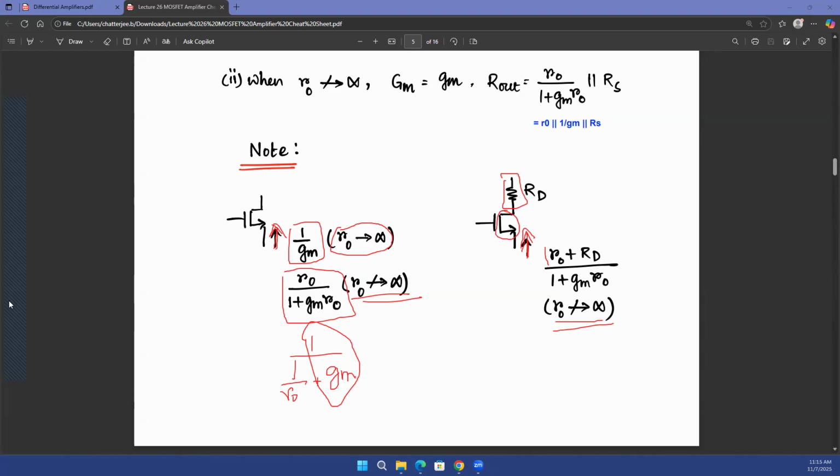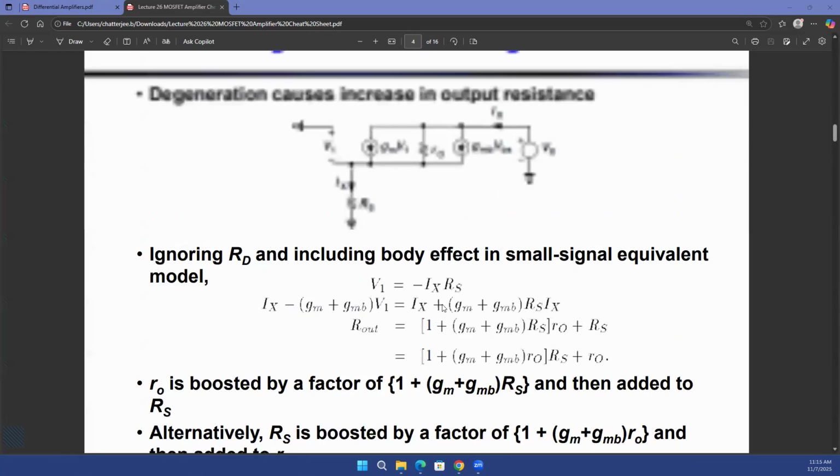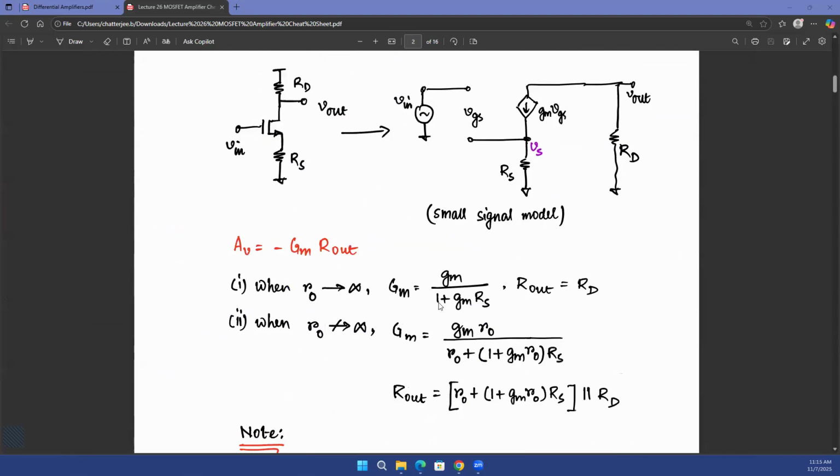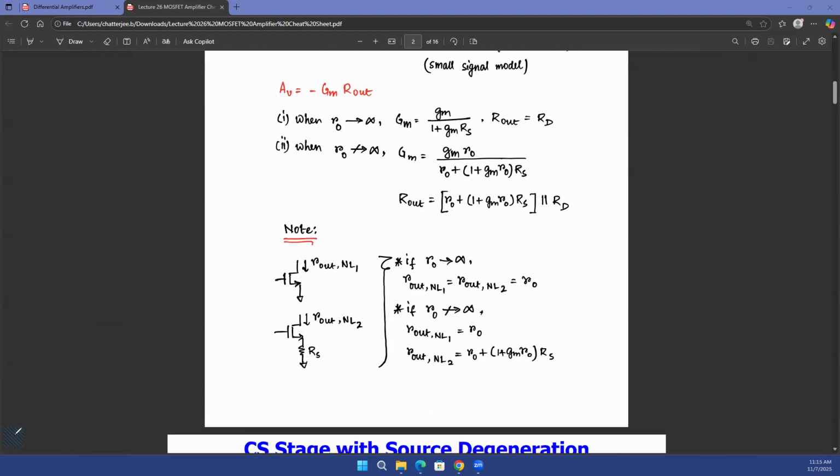Okay. So you see that this is kind of like a dual of what we learned earlier. Two or three slides back, what we learned is that if you're looking into the drain of the transistor, the effect of any resistance connected at the source, is that you'll multiply that source resistance with gmRO. That's what you'll see looking down at the drain terminal.